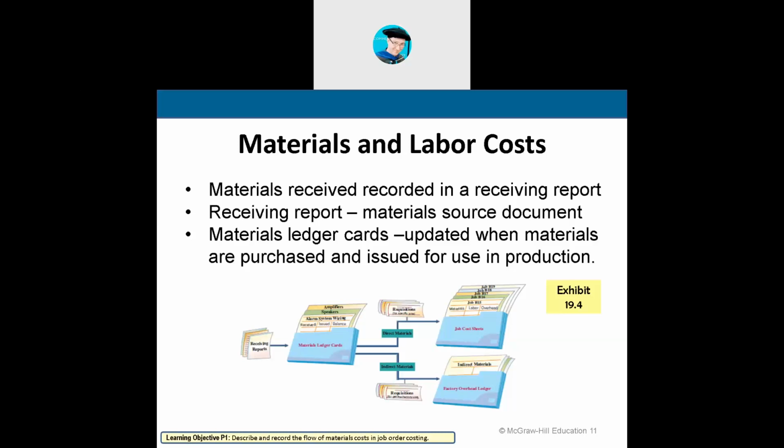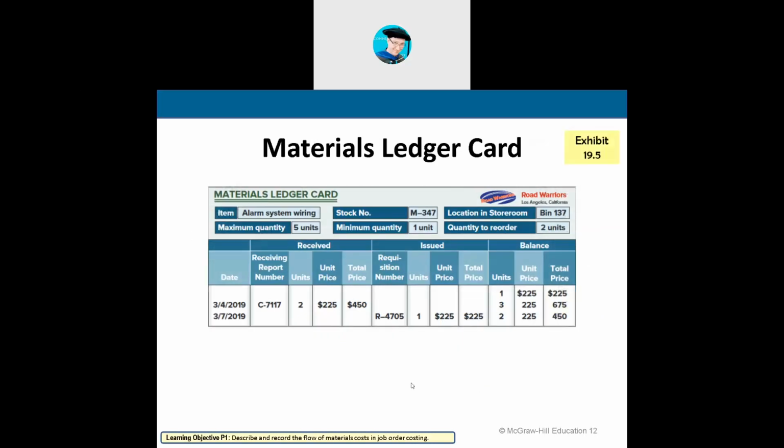Indirect materials get recorded, of course, in factory overhead. Indirect, remember? But that's the physical flow, and it follows the cost. For labor, the direct labor gets recorded directly on the job order cost sheet based on the amount of time the employee worked on the job times their hourly rate. And I'm going to show you what that looks like here in a second.